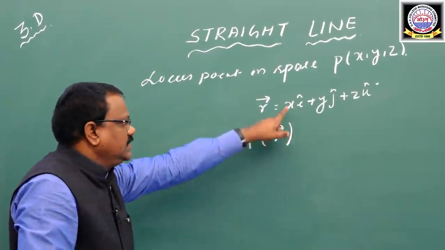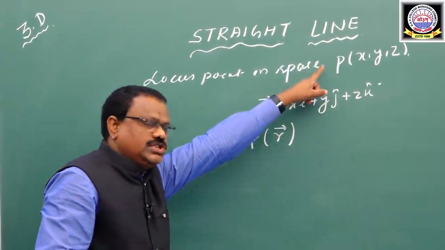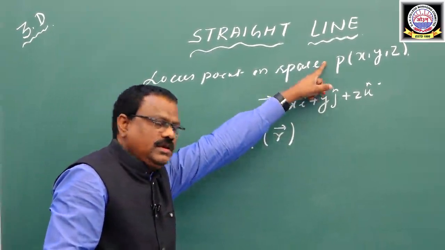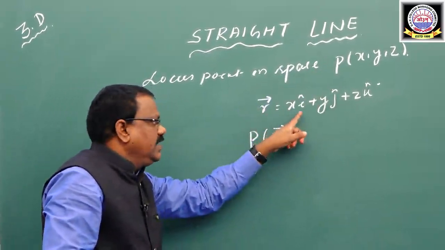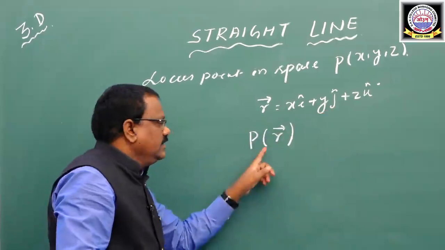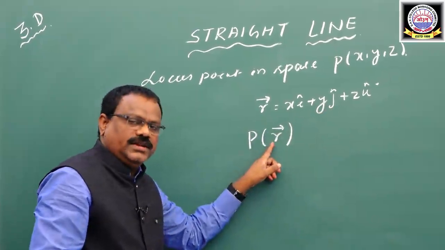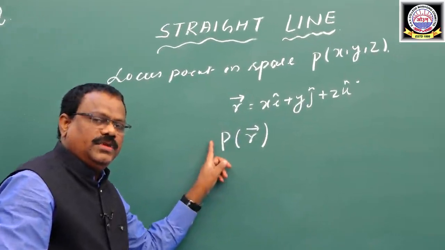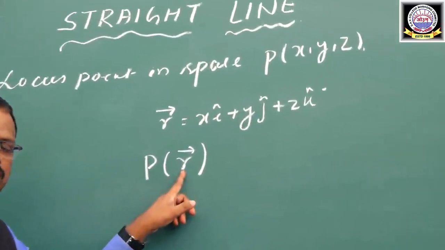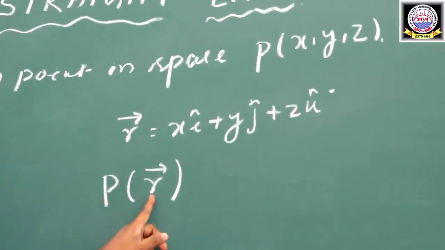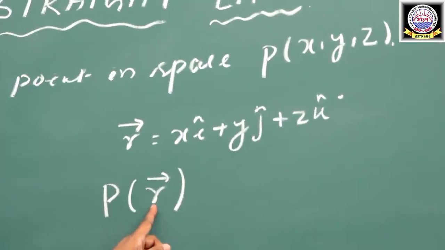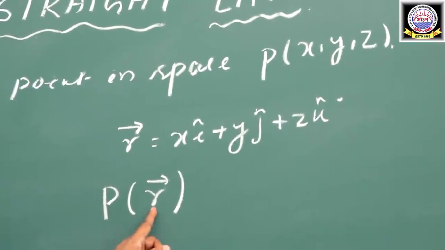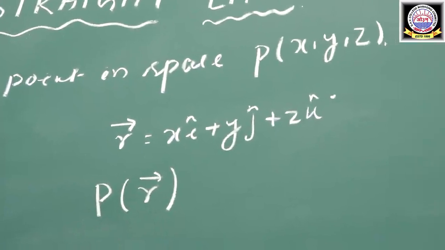So r vector is representing the position of the point, and r vector is equal to xi plus yj plus zk, that is called the position vector of the point P, and that is also called the locus vector, representing the locus point of the particular point in the form of a vector.